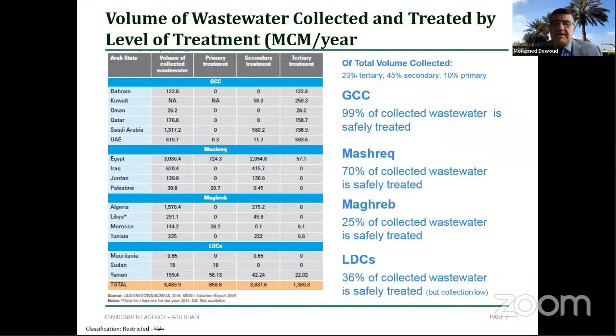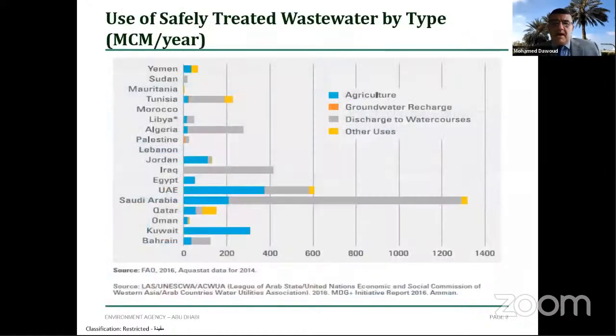In our region now, most of the utilized quantities of this treated wastewater are used for agriculture. Very minor quantities are used for groundwater recharge, but most of it, as indicated here with this gray color, is discharged to the water courses or to the environment itself.